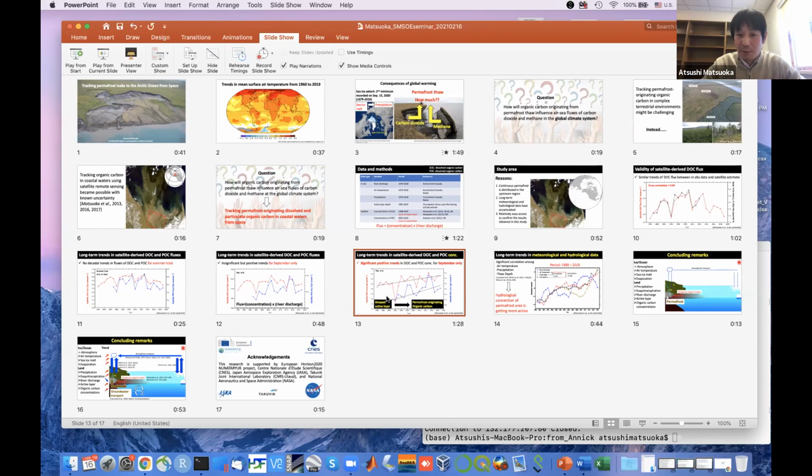So there's a lot of processes ongoing, especially for the DOC. For example, flocculation occurs, and photooxidation and microbial degradation. So we are now working on how each of these processes contributes to the budget and fates.